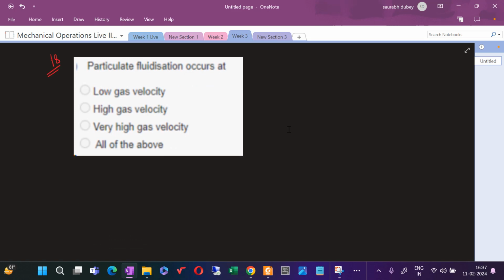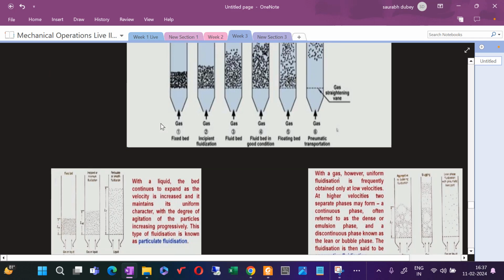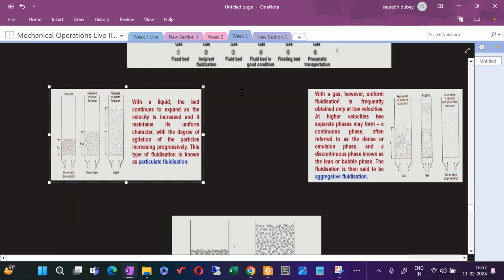If you remember, we have already discussed particulate fluidization. It occurs with liquids, and in the case of gas, if the gas velocity is very low.